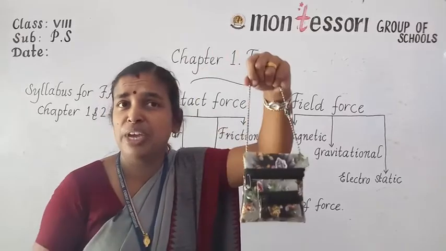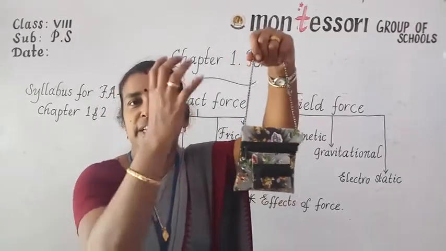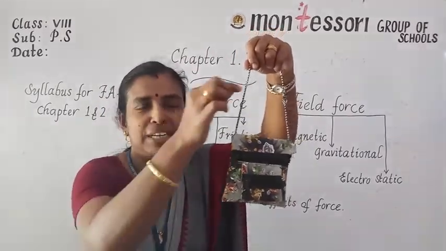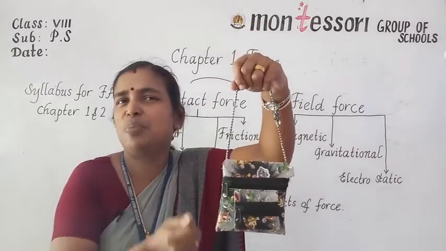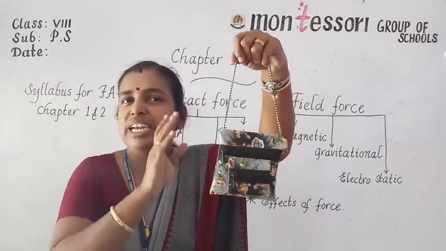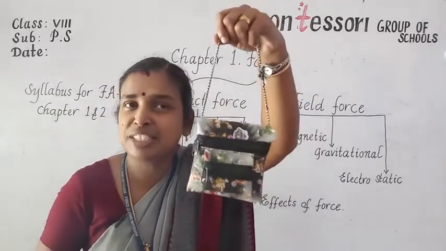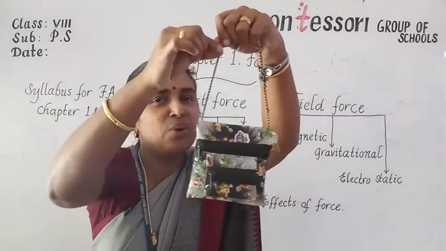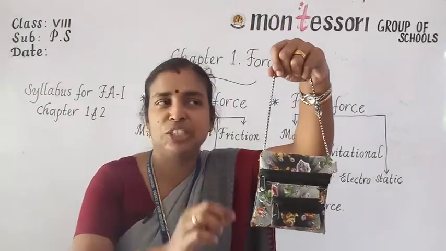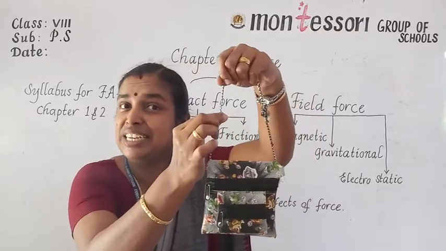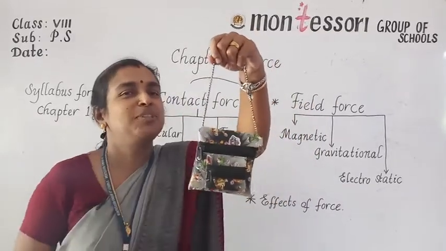As you know, if you hang any object, gravity will pull it downwards, but the stretchiness of the string will pull it upward. That is why it is staying there, you can see it. So, the tightness or the stretchiness of the string, that is what is called tension.